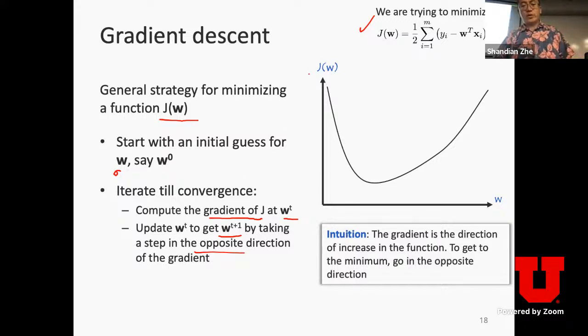This figure shows why we should do gradient descent when we minimize some objective function. This is a quadratic function. Suppose you start with some initial position w0. If you calculate the gradient, it will be the slope of the tangent line, and this tangent line has positive slope.